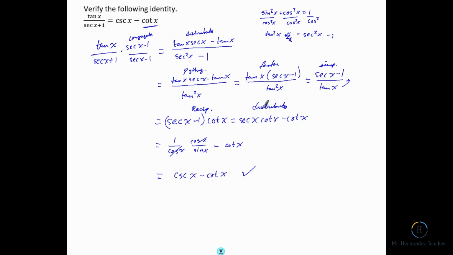You're going to want to provide all these explanations, all of these reasons, and very quickly, just so I can identify what you're doing. And then we used, let's see, this was a reciprocal identity and a quotient identity. And then what we did from there is just simplify, and we got it. So this is how your verification should look.